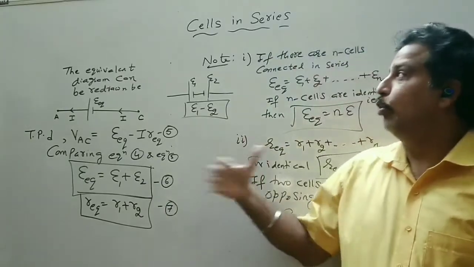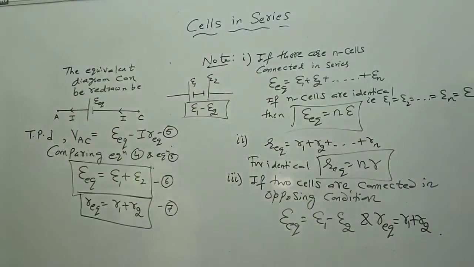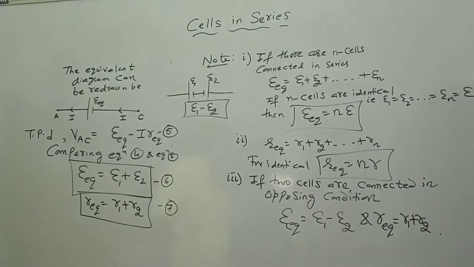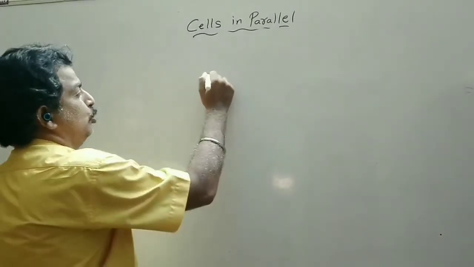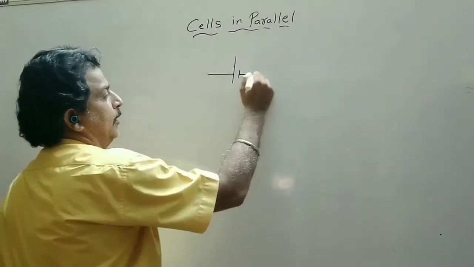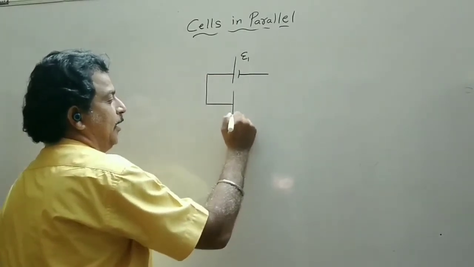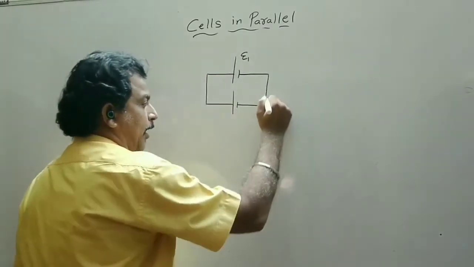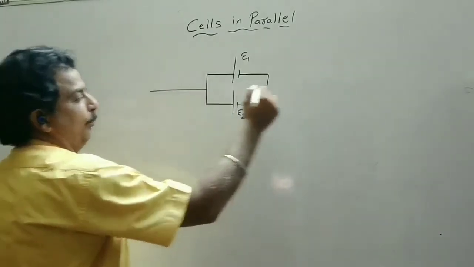So now we move on to the next topic, which is cells in parallel combination. Now let us consider two cells, again with EMF E and internal resistance R1, connected in a parallel combination.